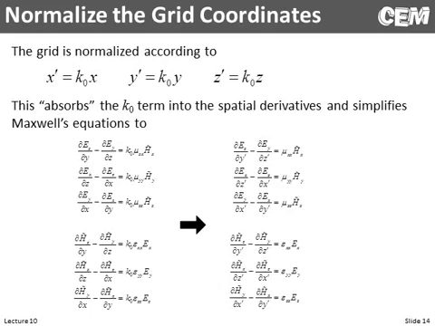So we divide by wavelength, and then everything's normalized and does not have units. When we do that, the k0 gets absorbed into those coordinates, and it drops from the version of Maxwell's equations that we write. So we have the y prime and z prime and x prime conveying our normalized grid coordinates, but there's no k0 here anymore. So in fact, Maxwell's equations look a little bit simpler.